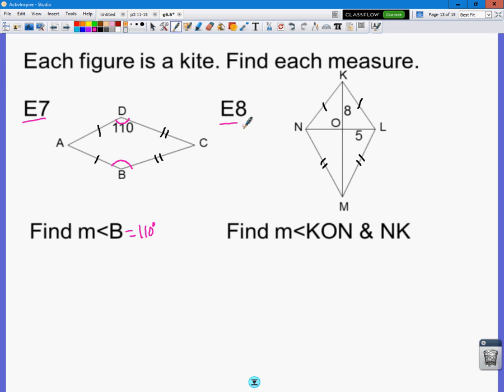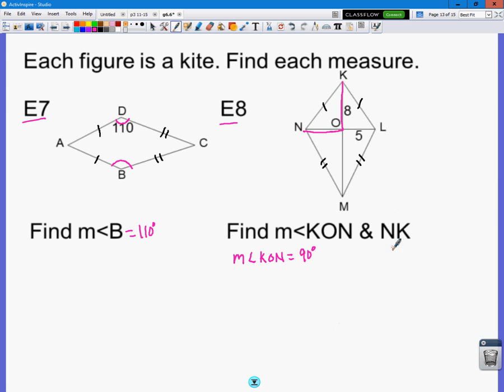In example 8, they again did not mark the congruent sides. You need to make sure that you've marked them. The first thing it asked me to find is the measure of angle KON. How big is KON? It's 90 because the diagonals are perpendicular.